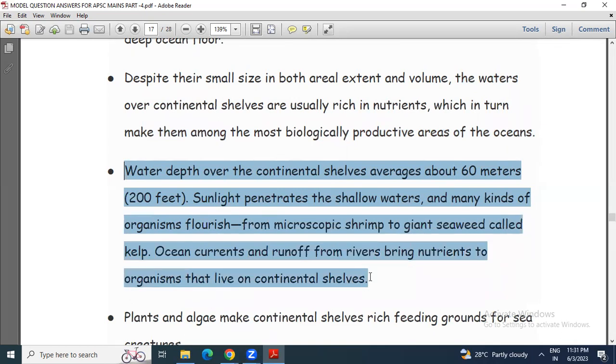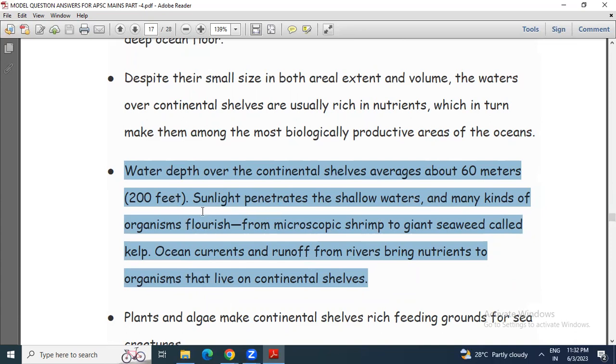Ocean currents and runoff from rivers bring nutrients to organisms that live on the continental shelves. So we have one more benefit in the continental shelf region: as it is only about 60 meters deep on average, that is almost 200 feet.